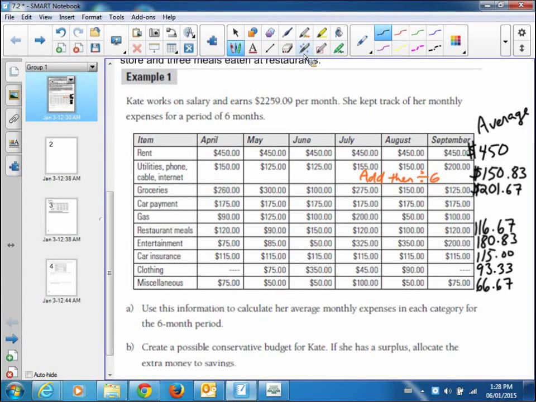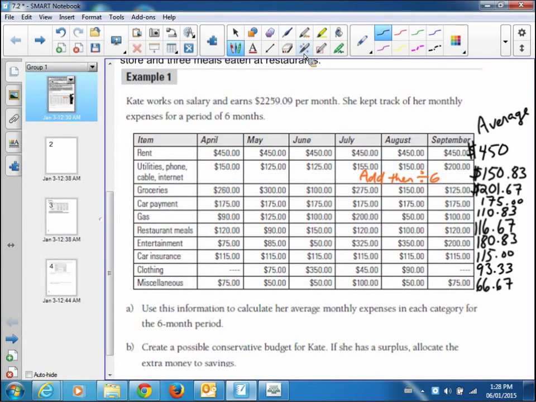This one you didn't have to calculate, right? Car payment was 175 every month. Gas. Did you get $110.83? Old Shindalke has only made one error so far today.